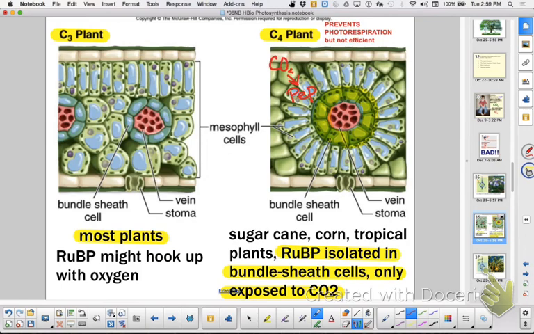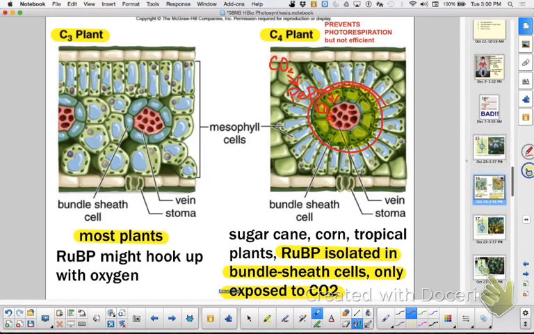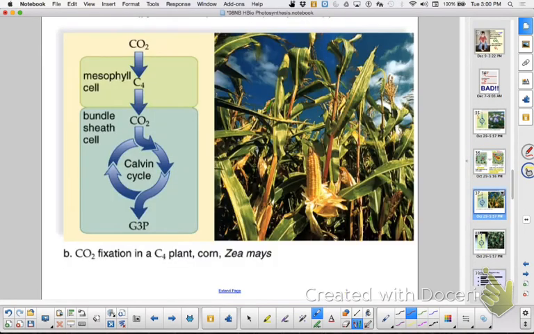He will hook up with CO2 and then drop the CO2 off here, and this is where they'll do all their Calvin cycles in the interior. Protected, isolated, insulated from all that tempting oxygen. So those are called C4 plants. They're completely cut off from any free oxygen, so that never comes in here and does photorespiration.